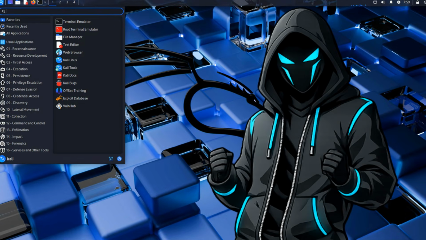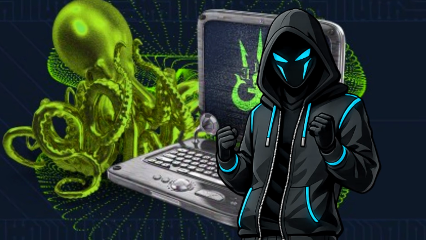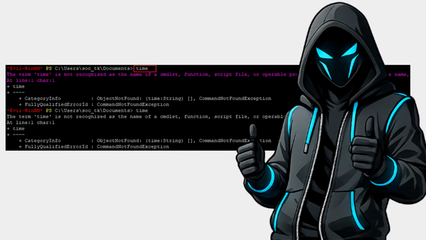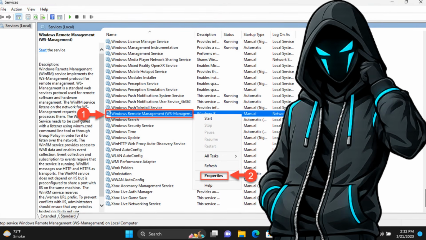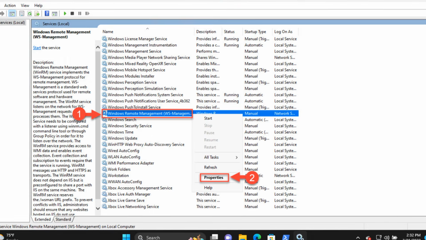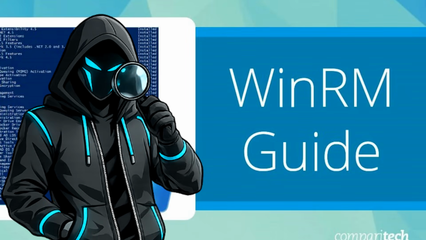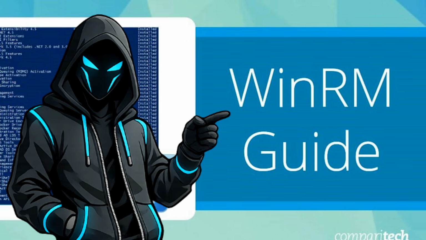So we definitely can get a shell, because CrackMapExec or a tool like NetExec is essentially saying Pwn3d, and that is happiness. That is good. That means that we can easily get a shell using Evil-WinRM, but the reason for that is because this user called cyanide is in the Remote Management Users group. Okay, so that allows us to authenticate over WinRM.